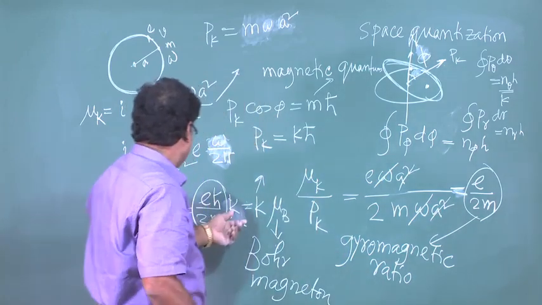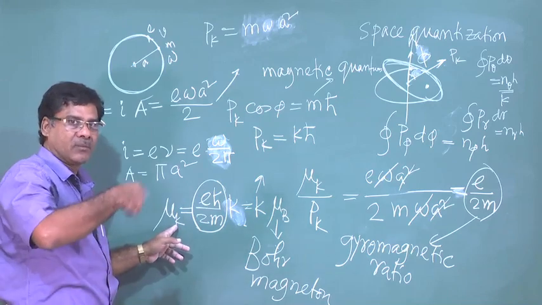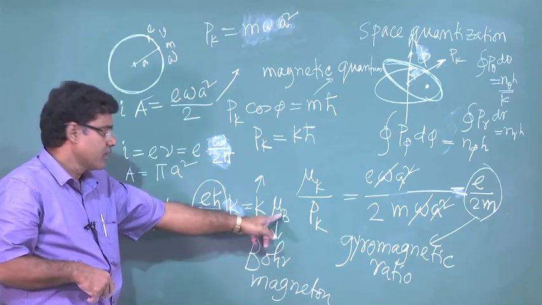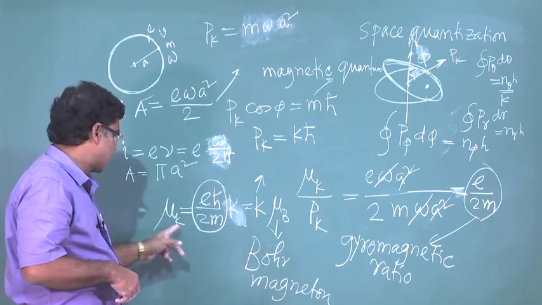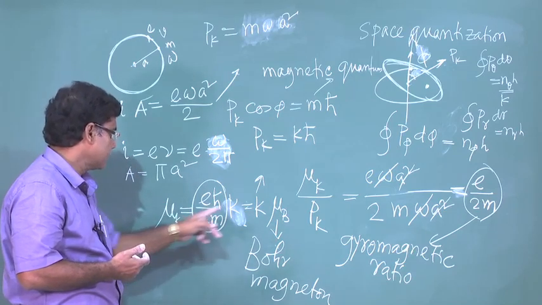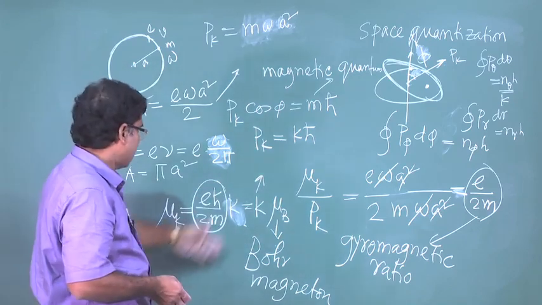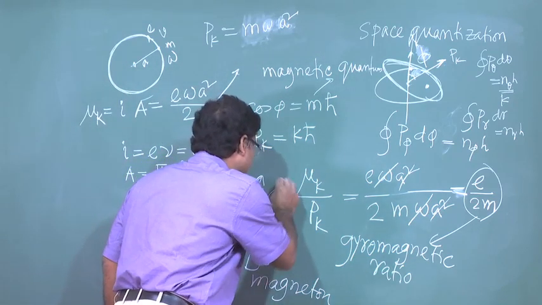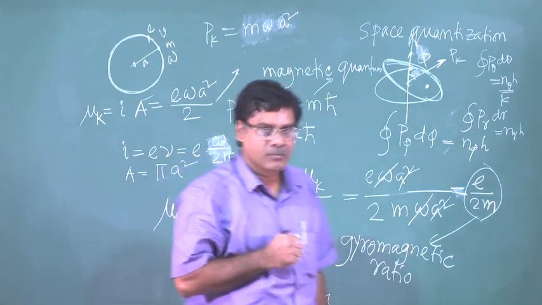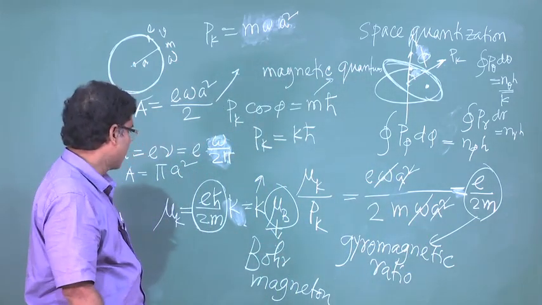So for k equal to 1, for the s subshell, it will be mu B, for the p subshell it will be 2 mu B, then 3 mu B, 4 mu B. So this is one basic unit of magnetic moment, called the Bohr magneton.